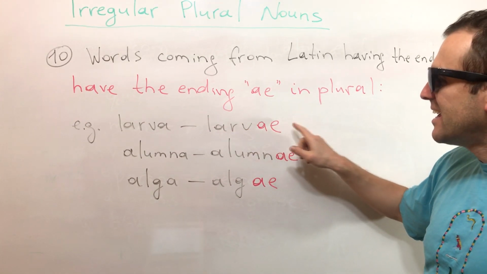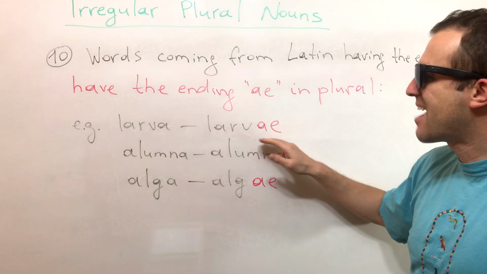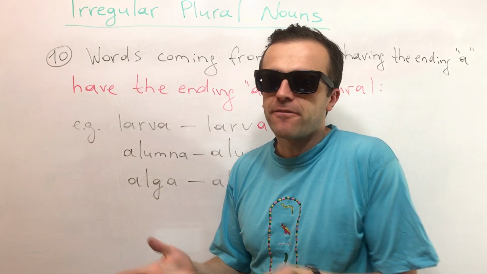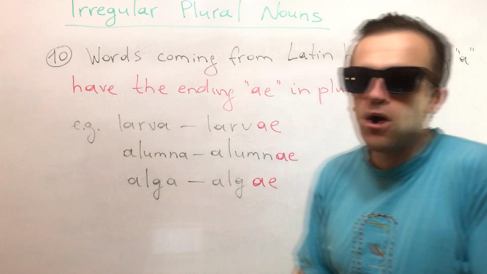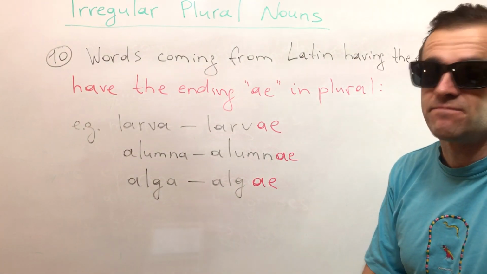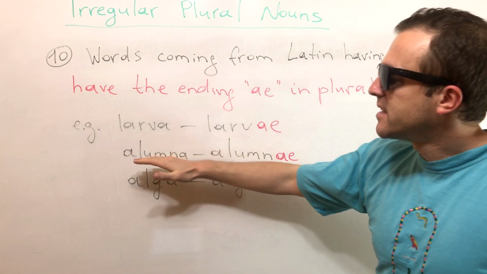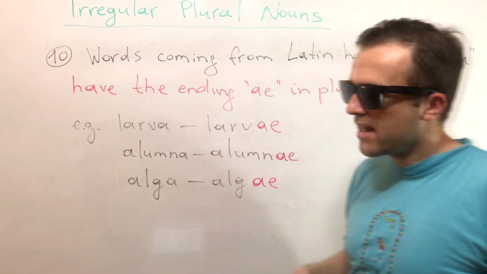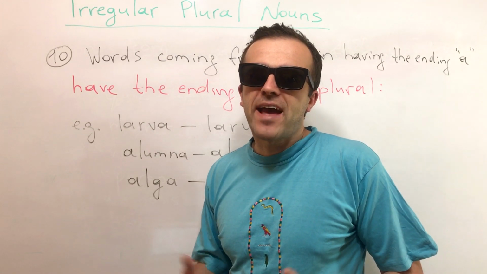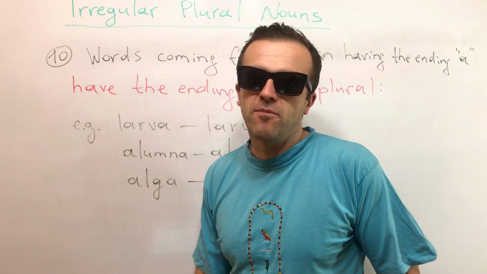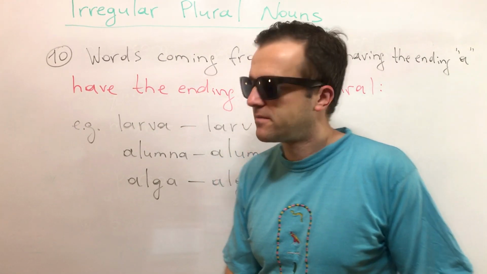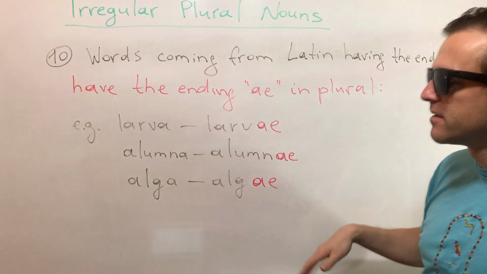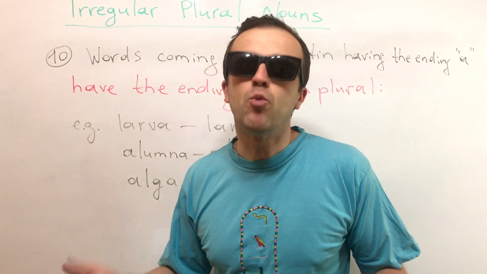So ae would be pronounced as e, larvae. Larva is the insect issuing from the egg of the insect. And alumnus, alumni. Alumni is the graduate, she graduated from the university, the former graduate. And alga, algae. So algae is a seaweed.